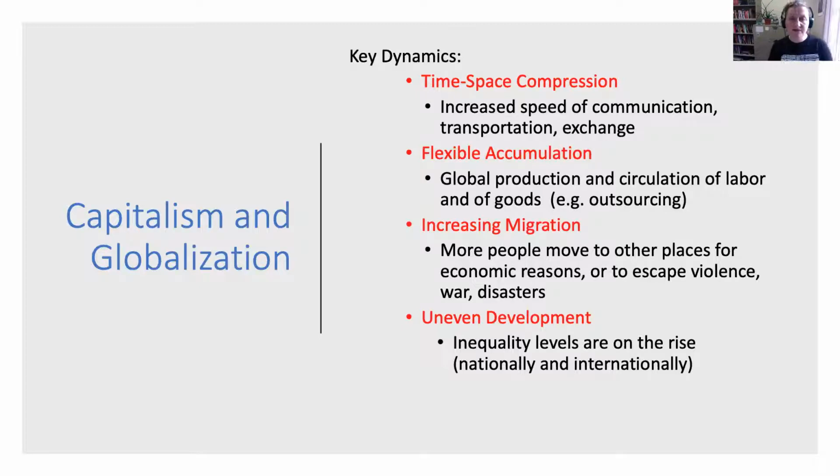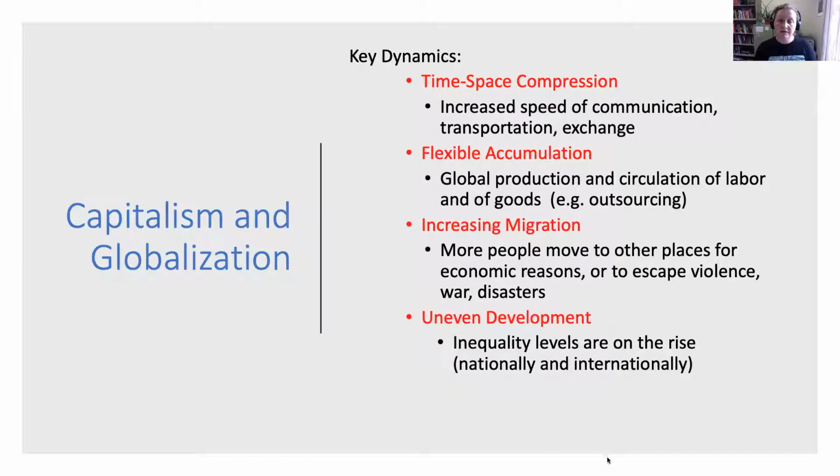The second aspect of globalization is flexible accumulation. We'll talk a lot about this. Flexible accumulation basically refers to the process whereby the global production and circulation of labor and goods has been spread over the world. It used to be that you had a factory that, say, made cars, right? The Ford factory would be based in one town, and all parts of production would take place within this one factory.